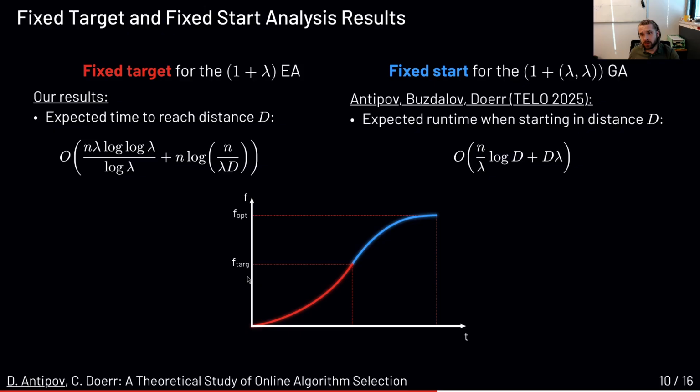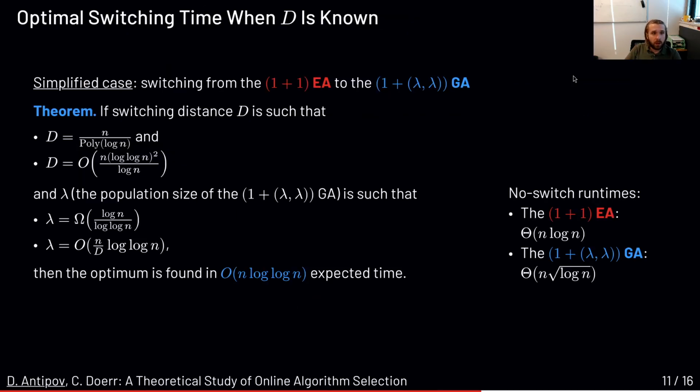And for fixed start results, they already exist for the (1+(λ,λ)) GA in the paper which has already been mentioned by me.